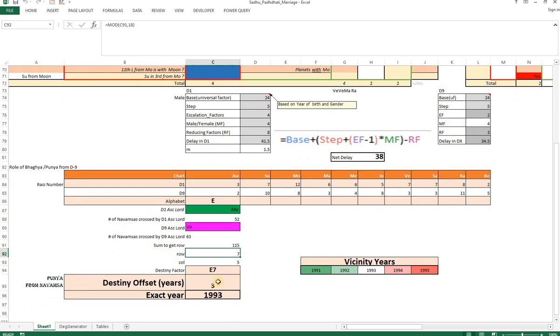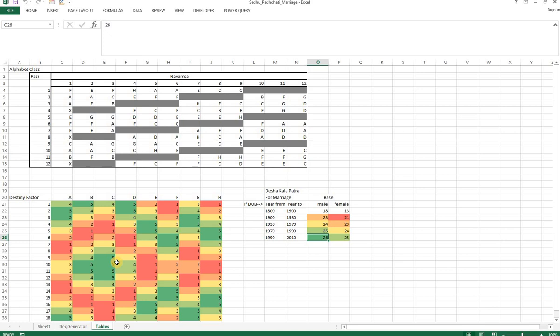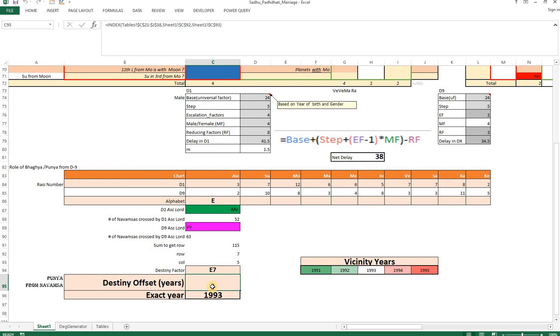and also the next other table is used to get the number of years offset. Again from the ABCD that you determined from the alphabet that you got from this table, it will get you the destiny offset years, and the 3 years it says. So you start from here counting 1, 2 and 3.